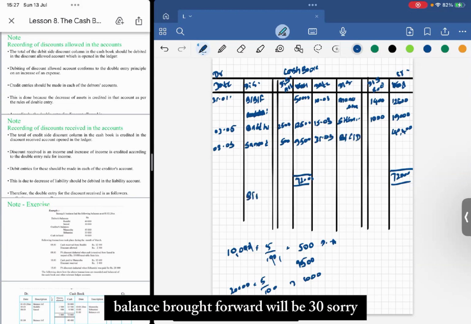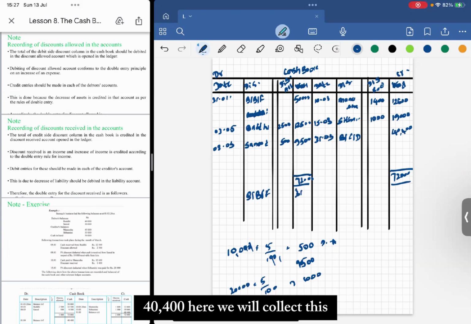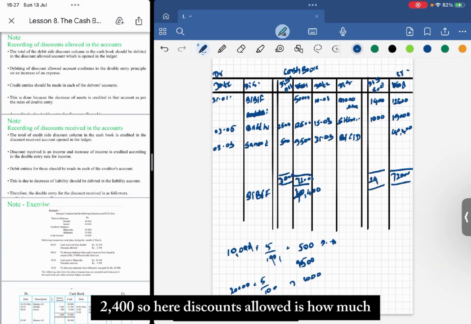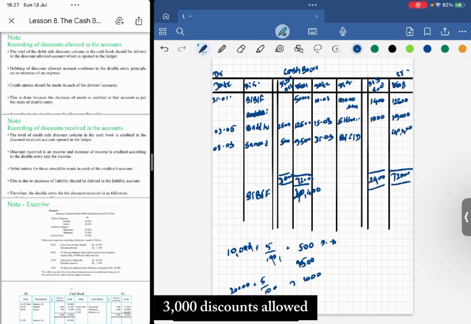Here, balance brought forward will be 40,400. Here we will collect this, add this up, 3,000. Here, 2,400. So here discounts allowed is how much? 3,000.